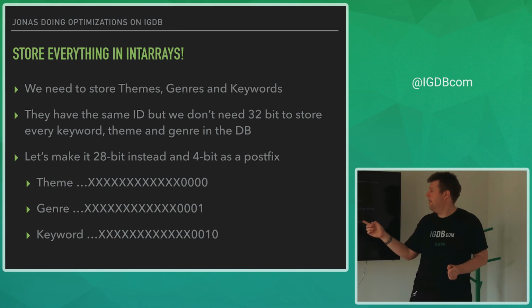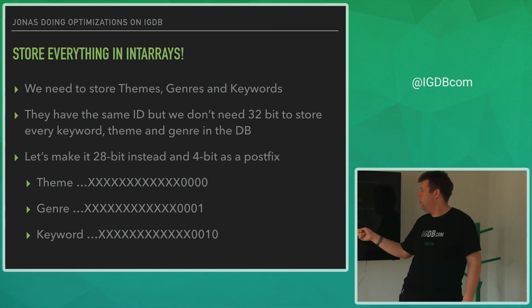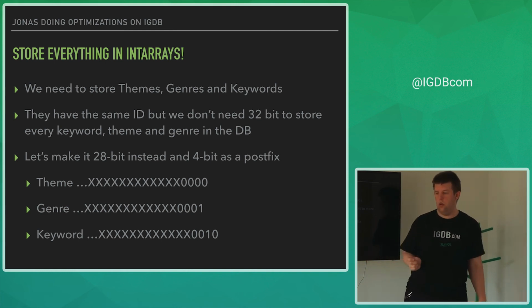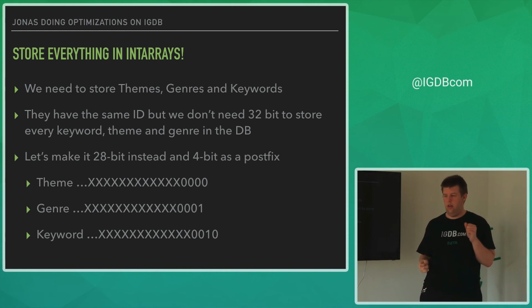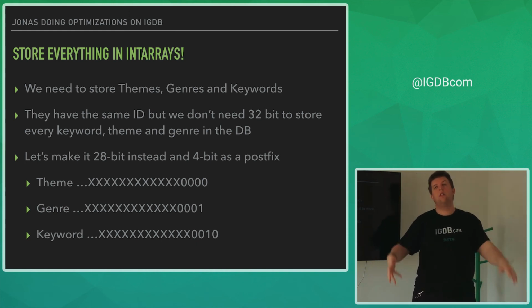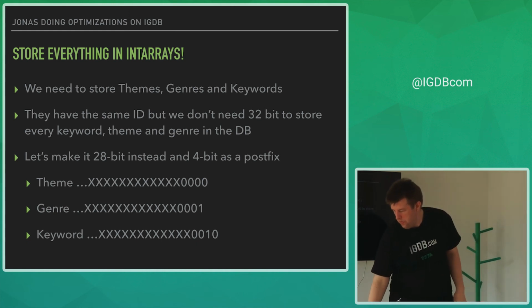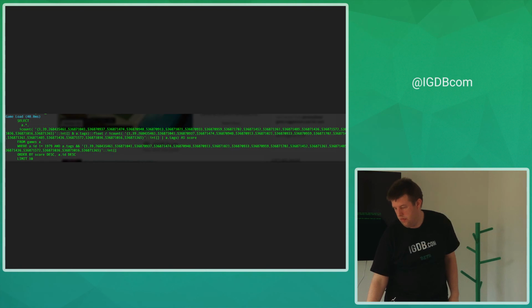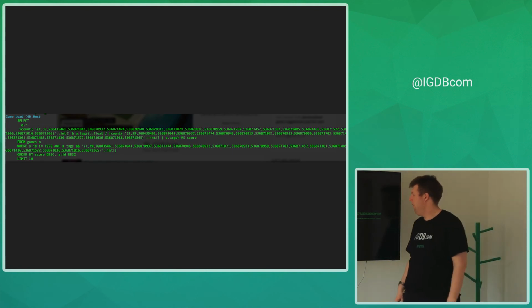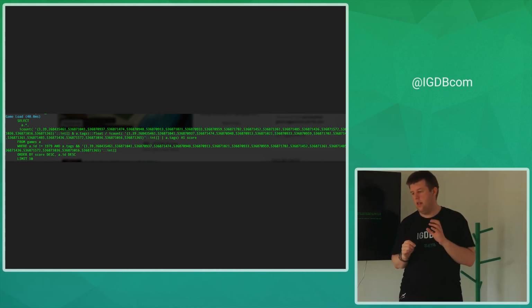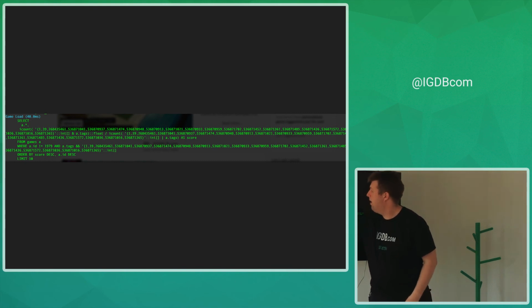Themes have 4 zeros at the end, genres have 001 at the end, and keywords have 0010 at the end. In that way they are unique integers even though they have the same ID. And this is the database query afterwards, and that is much faster, as you can see here.